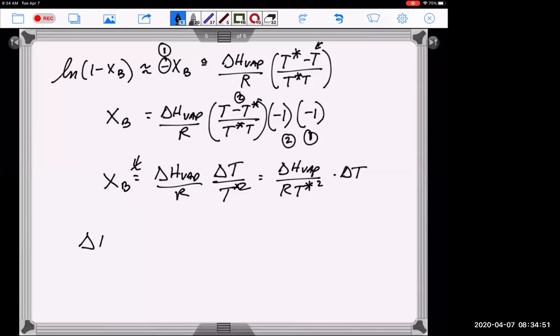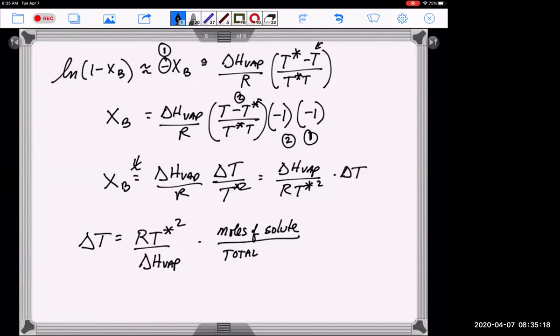So delta T now is equal to R T star squared over delta H of vaporization times XB, which is moles of solute over total moles.